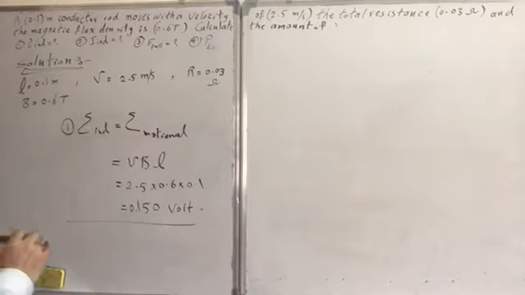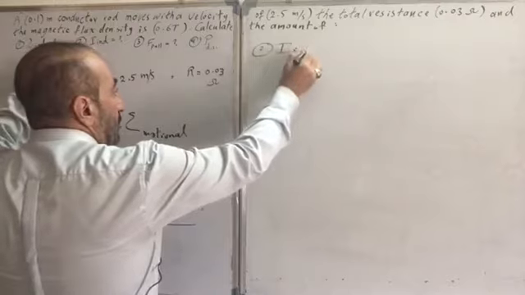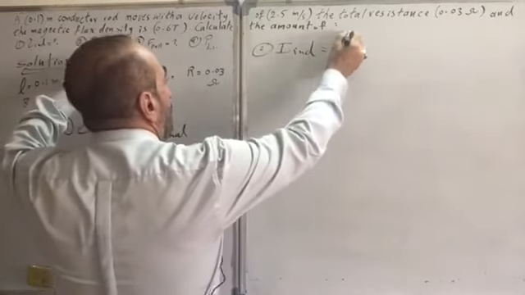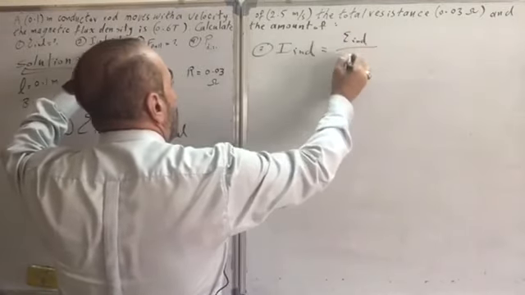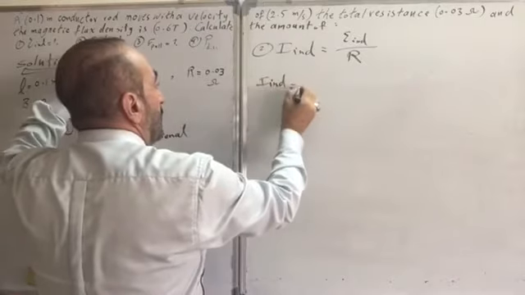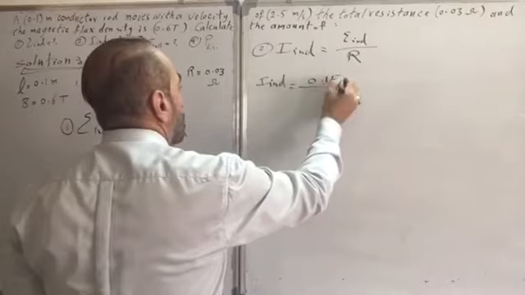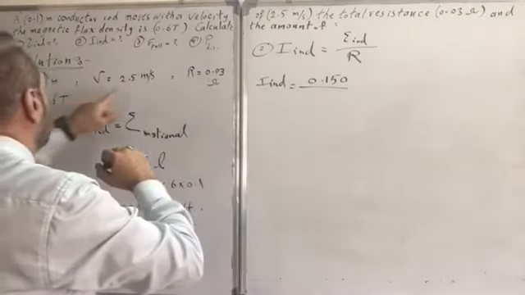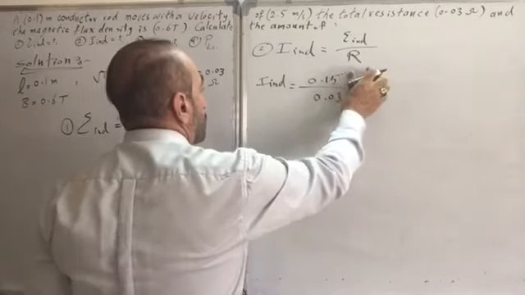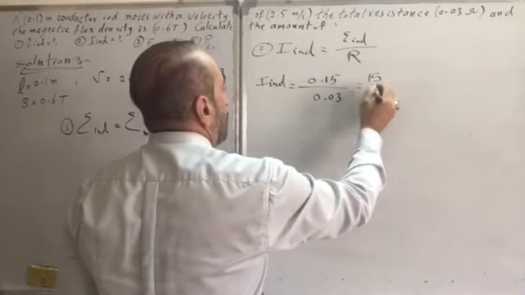The second order, to find I induced, as Ohm law, E induced divided by R. I induced equal E, 0.15 over R, 0.03, equal 15 over 3.